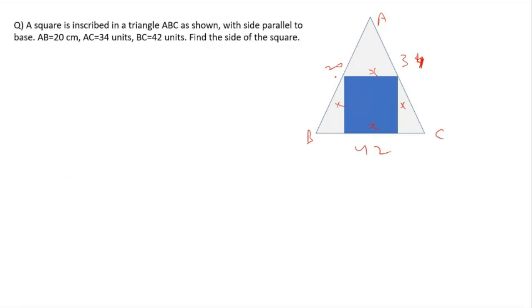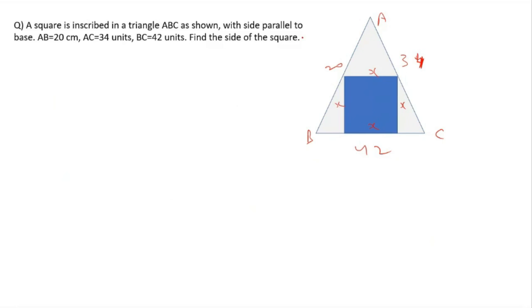Or, okay, parallel, maybe similarity can be applied, but how? Because I don't know the sub-segments of this triangle, like how much of 20 is within this, or how 34 is split. But I definitely cannot find the angles.